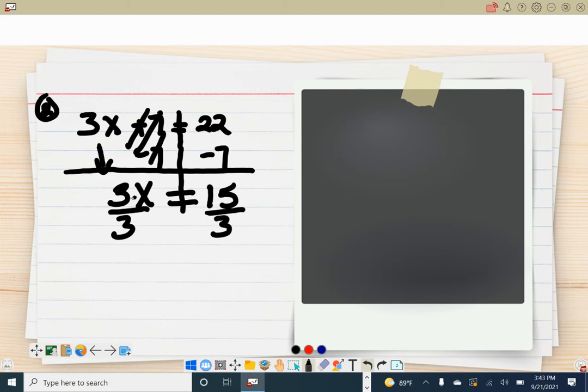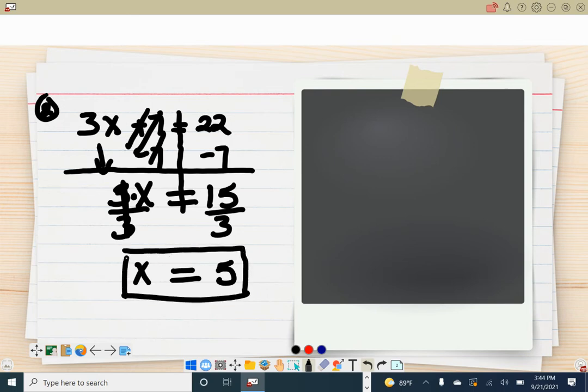They're multiplying right here, so you're going to do the opposite, dividing. 3 divided by 3 is 1. 1 times x is x. Equals 15 divided by 3 is 5. So I'm going to say that my answer is 5.